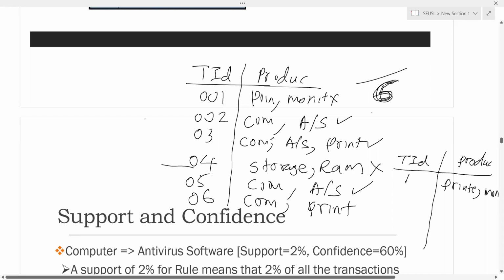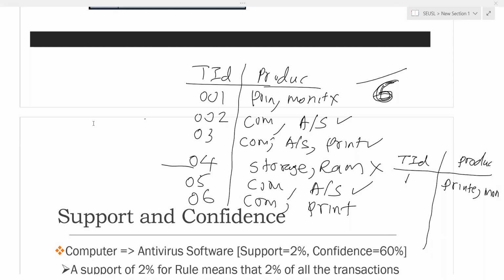We need to check each and every transaction whether it contains these two products. They can buy other products also, but we need to check how many contain these two. How many? Anyone? Yeah, very good. 3 transactions.